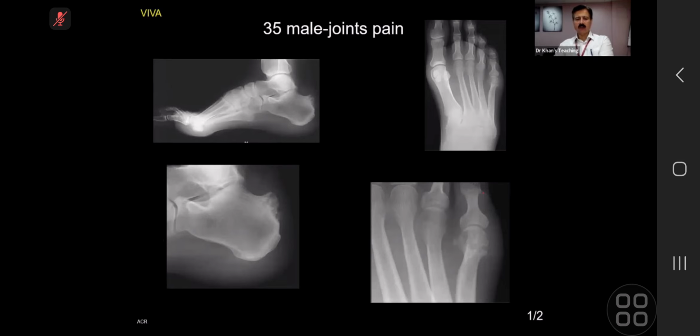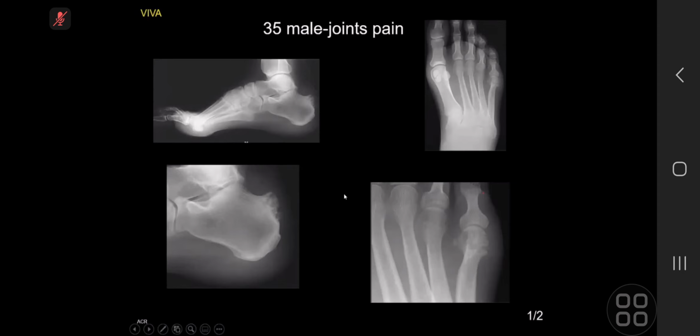Okay, candidate 5. This is your next film. Over to you. Okay, so again, we have lateral radiographs of the foot calcaneum, a DP radiograph of the forefoot, and then a coned-in view of the lateral forefoot of a 35-year-old male with joint pain.